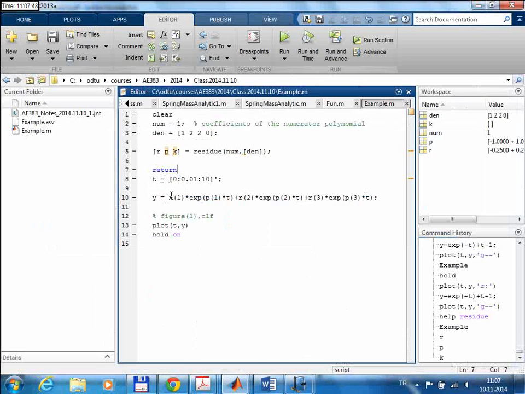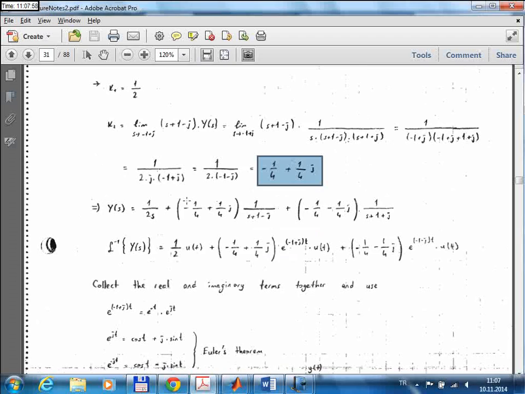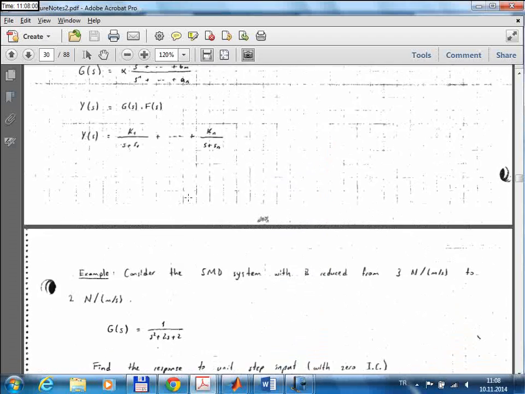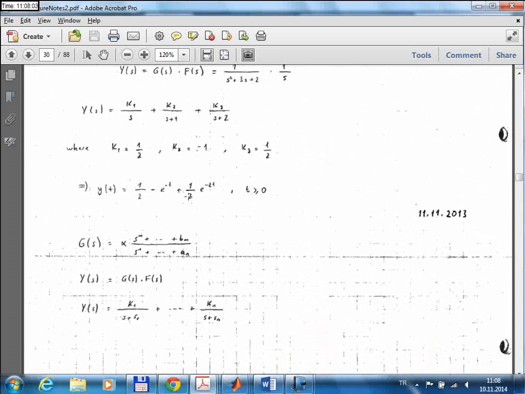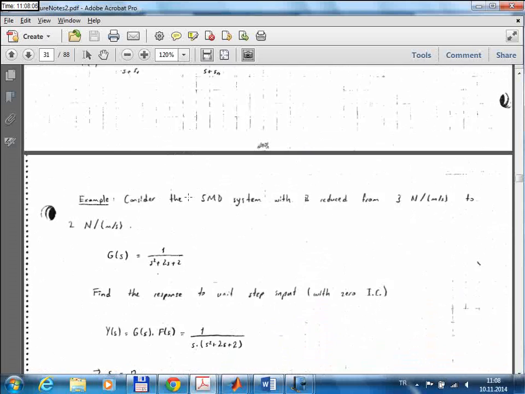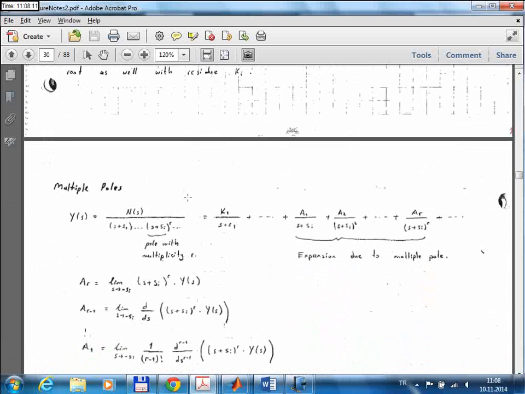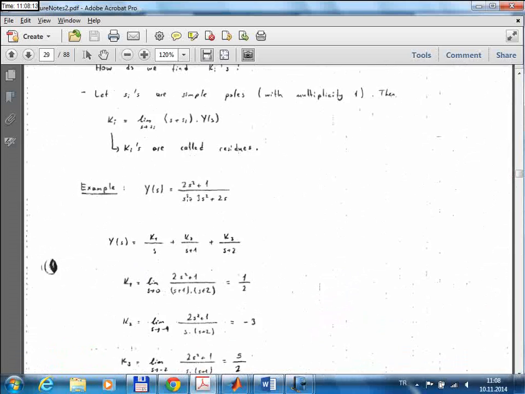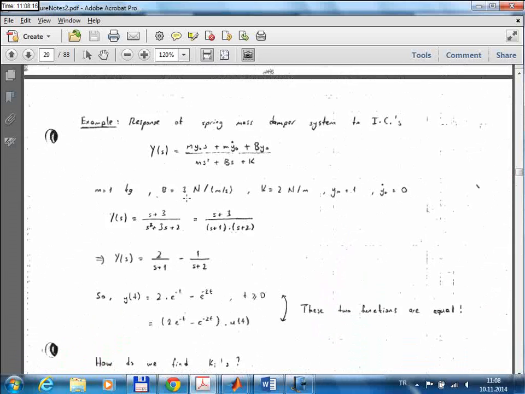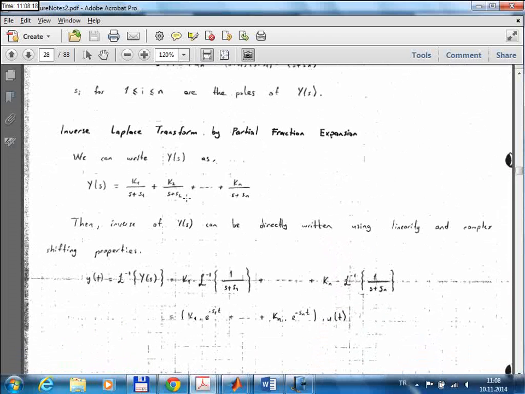Okay, so next, by using these residues and poles, I can write the inverse transform of that function directly, as you see here. Okay, so I'm just writing this in Matlab.